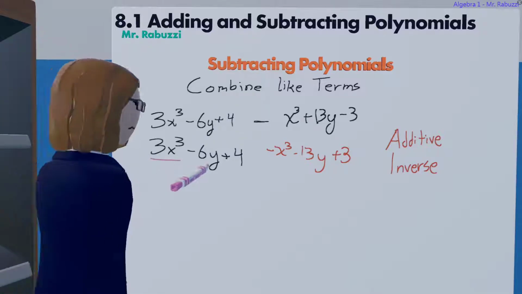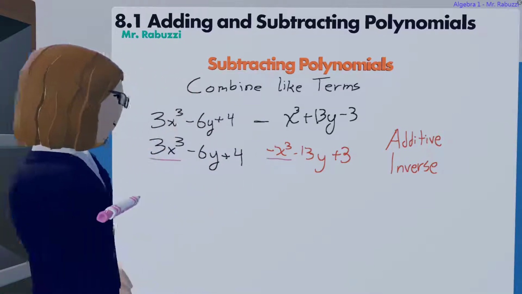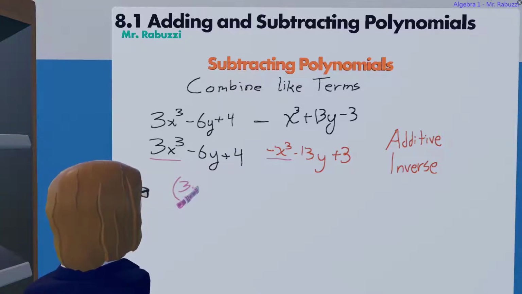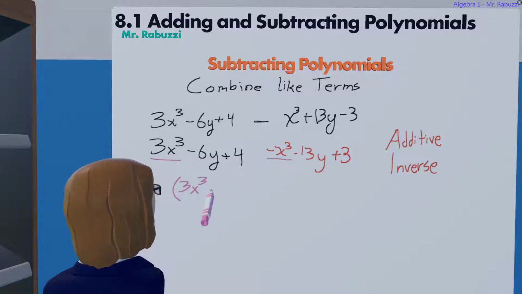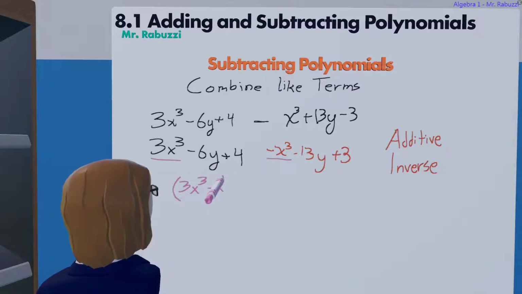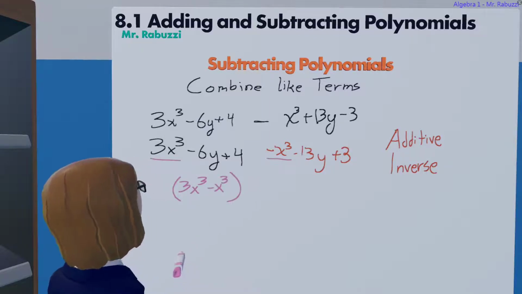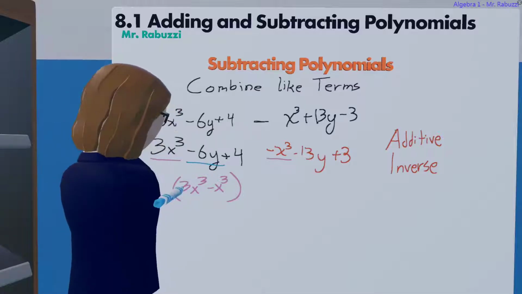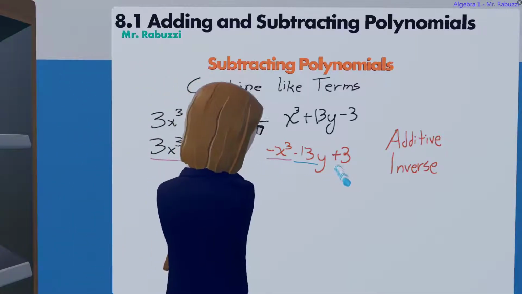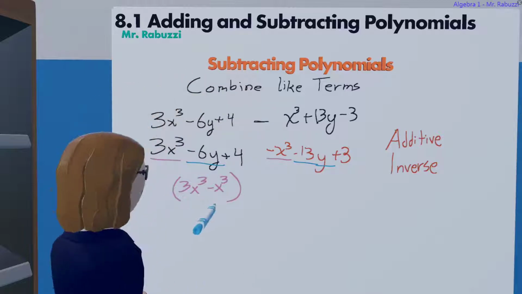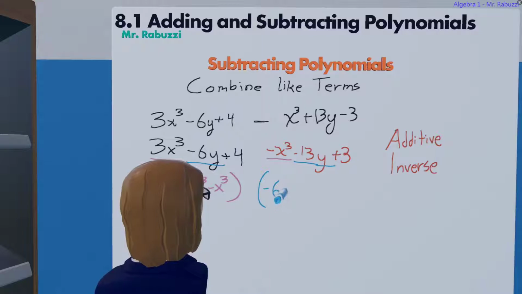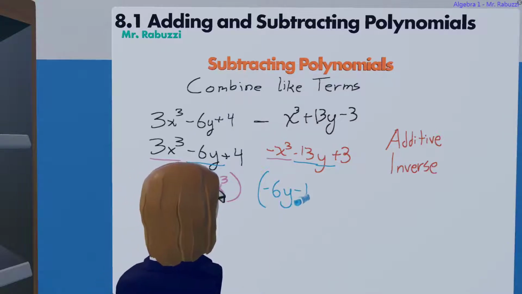So 3x cubed, negative x cubed. Negative 6y, negative 13y.